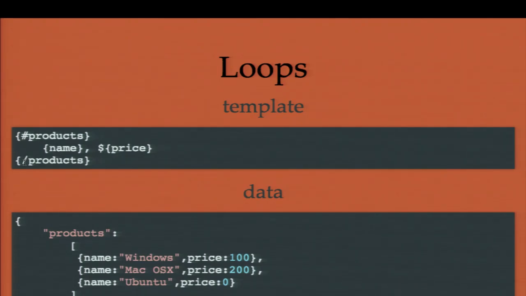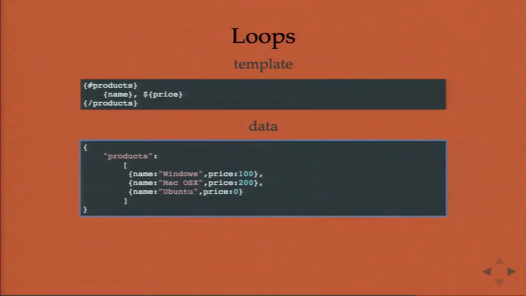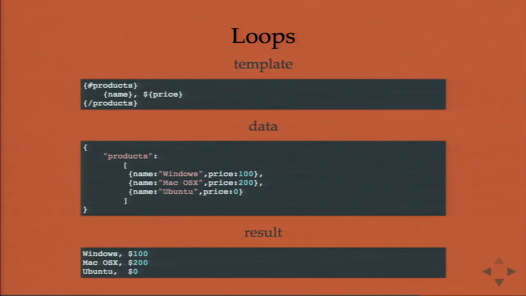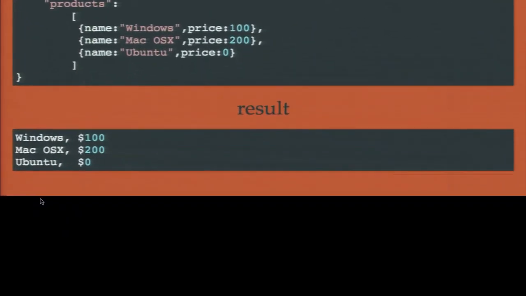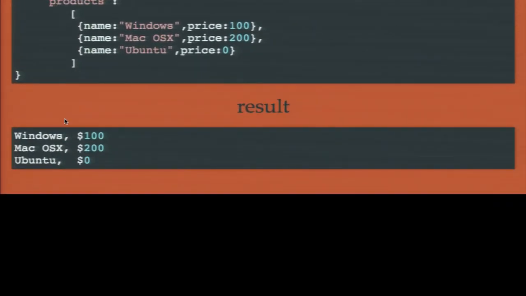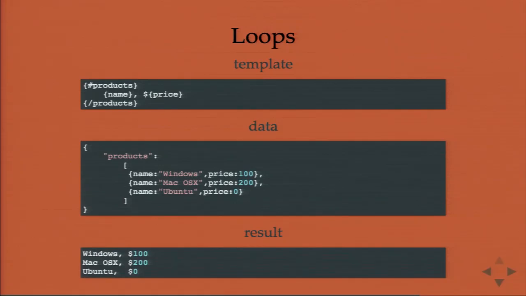In my data here, I have a JSON array with a number of products in it. So in 3 lines of code, I'm essentially telling it to loop round this. If I passed in this data, it would produce this output. So pretty simple to work with. That's the takeaway from here.